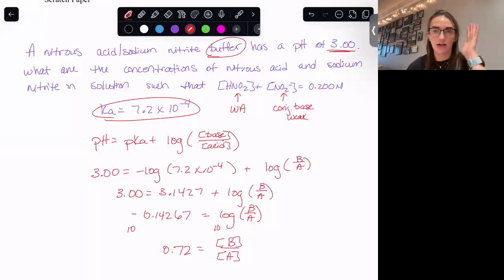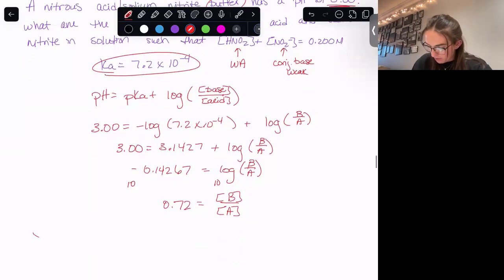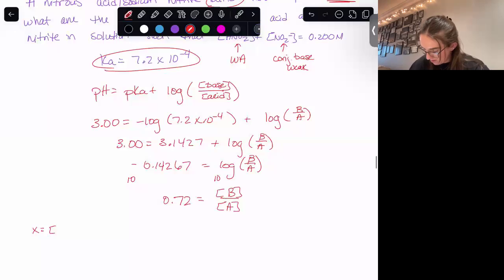Maybe 2 of them give you 0.72, so then you have to decide what to do from there. But as a test taking strategy, if you don't know where to go from someplace, use the answer choices to your advantage. But the other thing that we know is that the concentration of our acid plus the concentration of our base is equal to 0.2 molar. So we don't know what the concentration of our acid is. So X could equal the concentration of HNO2.